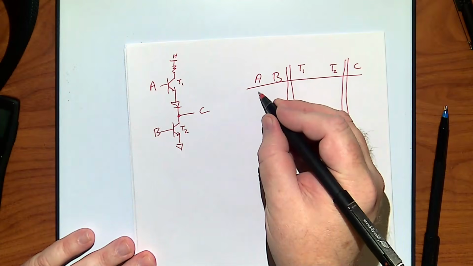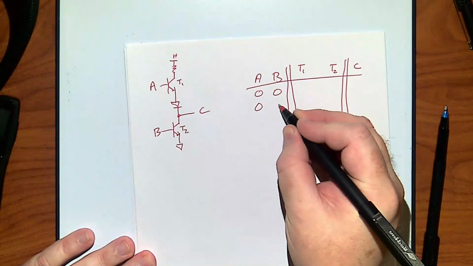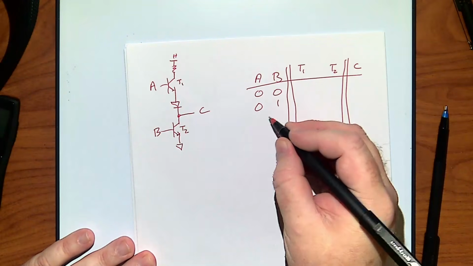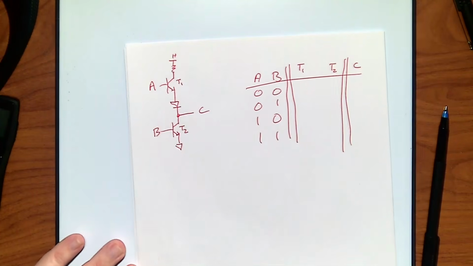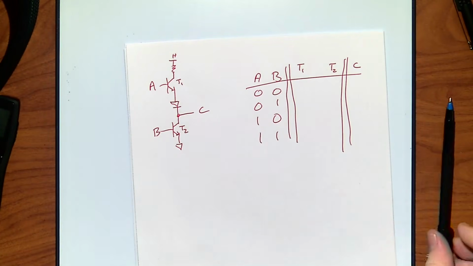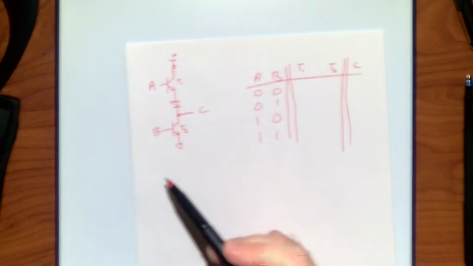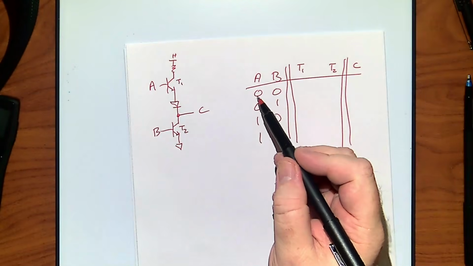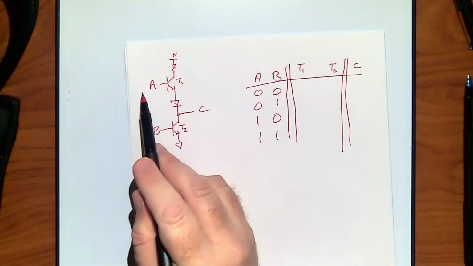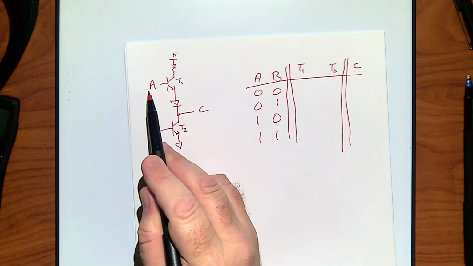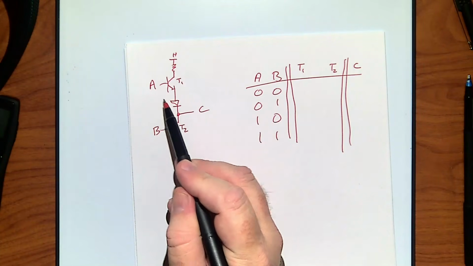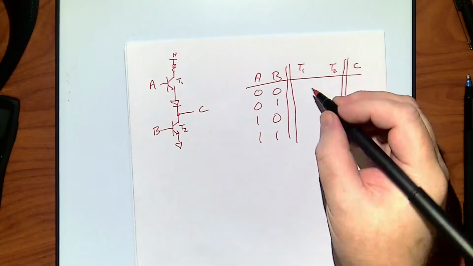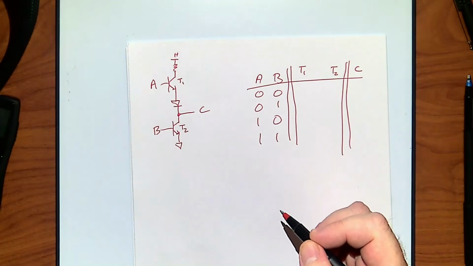Now, A and B, they could both be off. B could be a 1. I could have 1, 0, I could have 1, 1. And again, 1 is just high voltage. Now, assume A is a 0. Well, if A is 0, this is not on, is it? So what happens to T1?